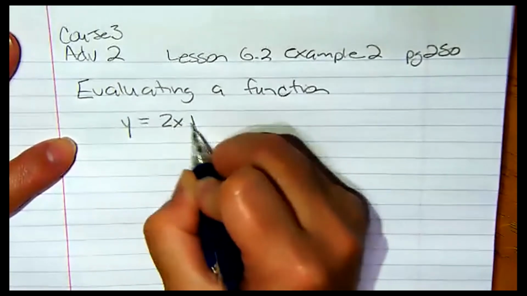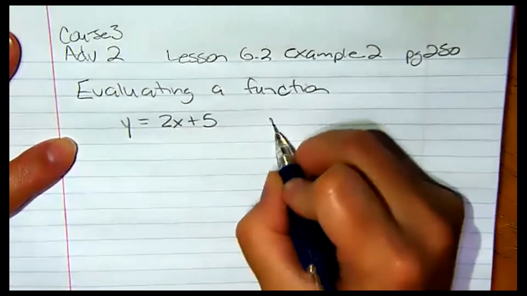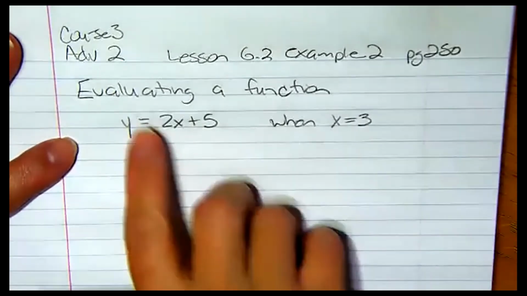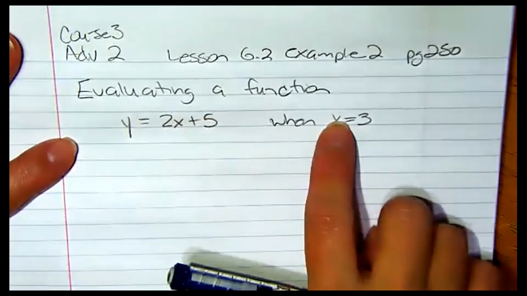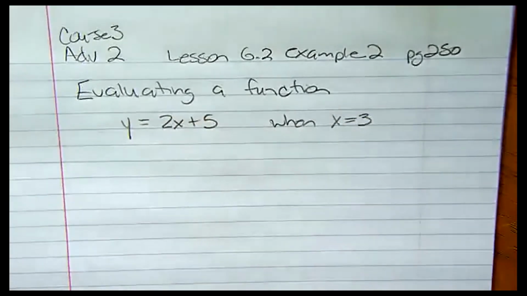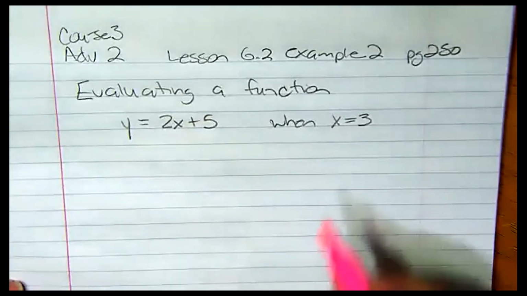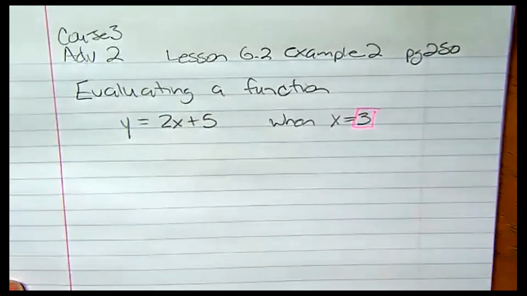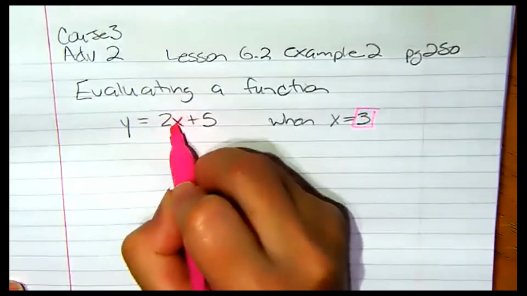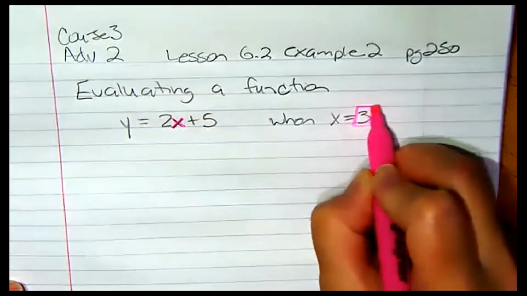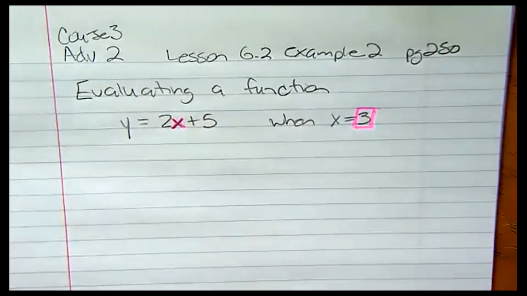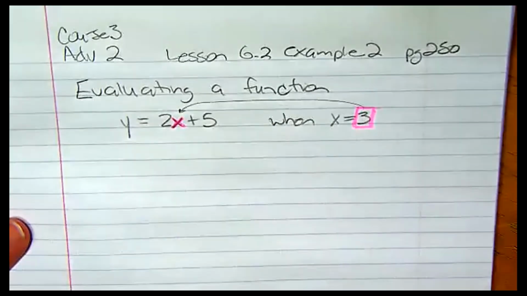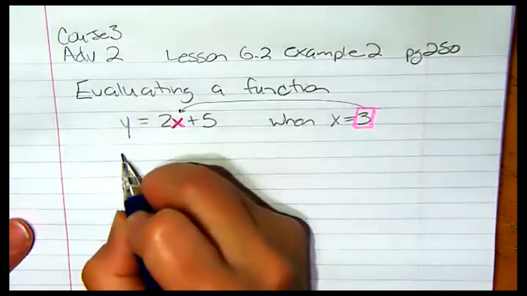y equals 2x plus 5 when x is equal to 3. So what this means is everywhere where I see an x, I'm going to put in a 3. So here's an x, and where I see an x, I want to substitute 3. So I'm going to rewrite this equation.